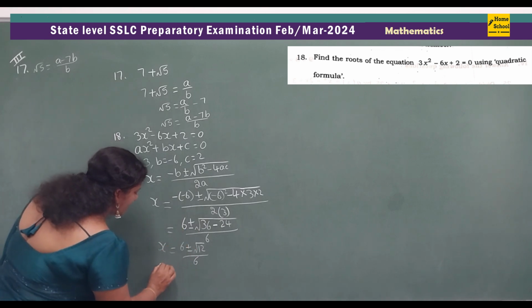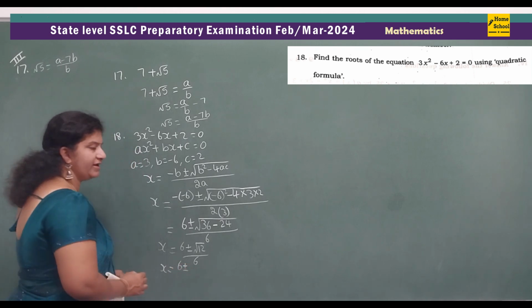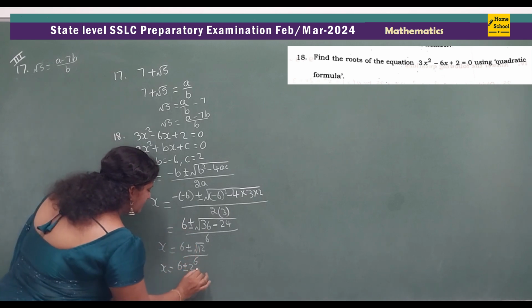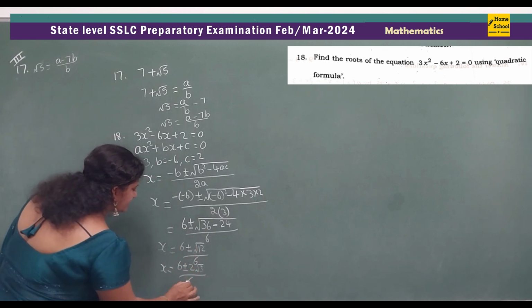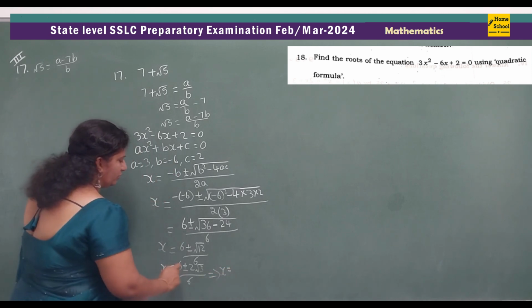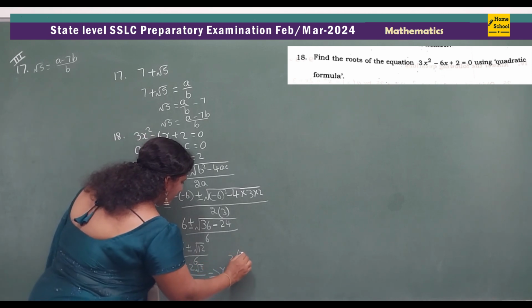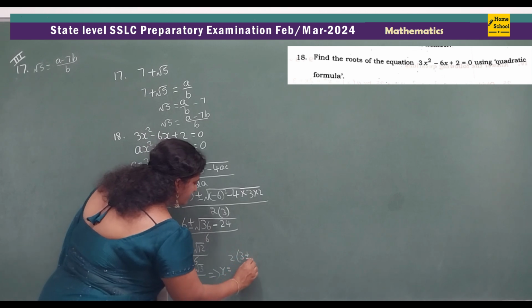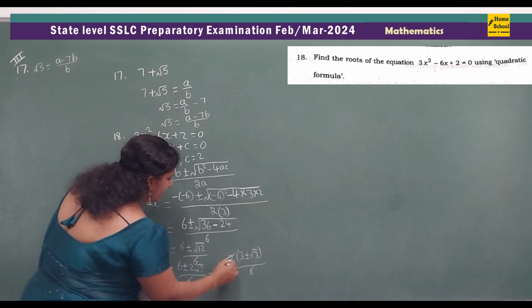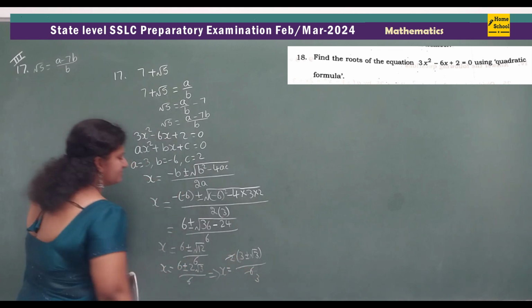So rewrite this as x is equal to 6 plus or minus root of 4 3s are 12. 2 comes out. That means 2 root 3 by 6. Now x is equal to, take out 2 common, 3 plus or minus root 3 by 6. Cancel 2 3s are.